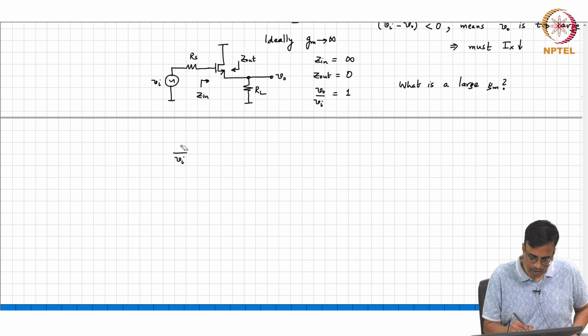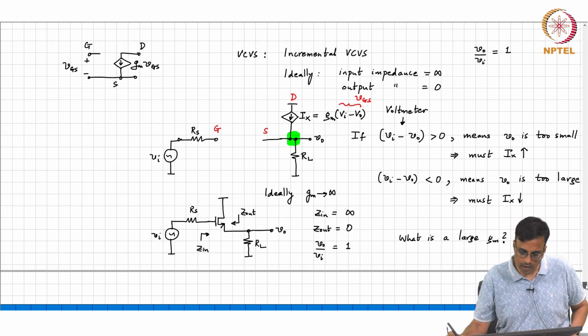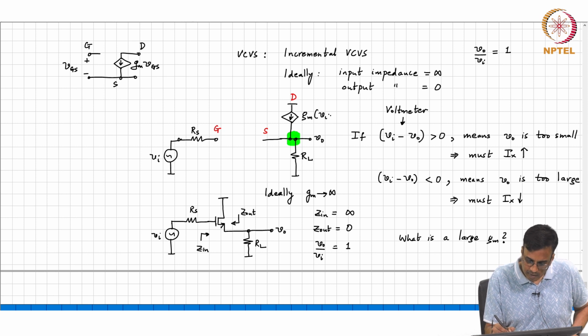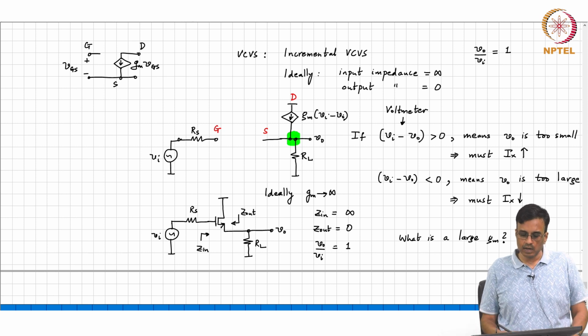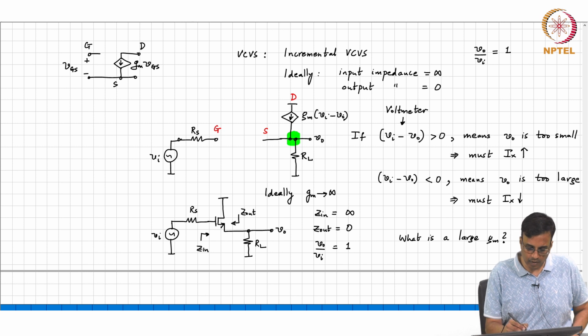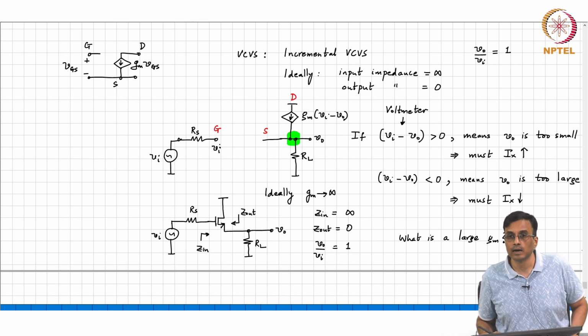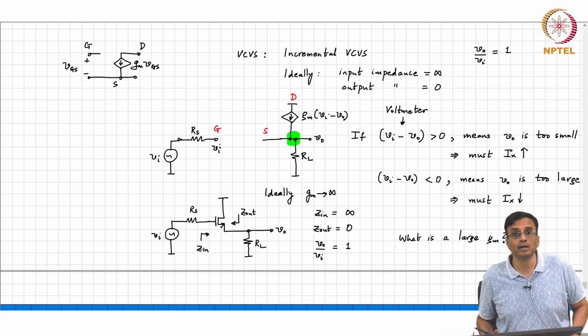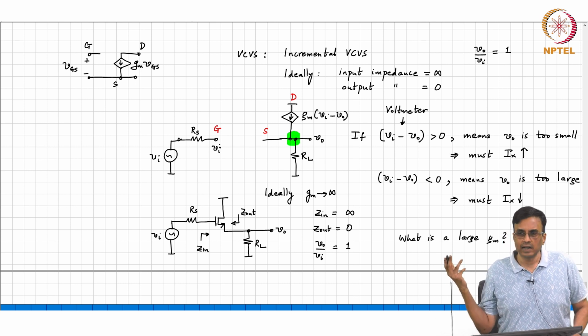And to do that, we go back to our circuit here. This is GM times VI minus VO. What are the unknowns? What is the incremental gate voltage? VI, that is known. So, what is the only unknown? VO. So, how will you figure out VO? Write KCL at the output node.